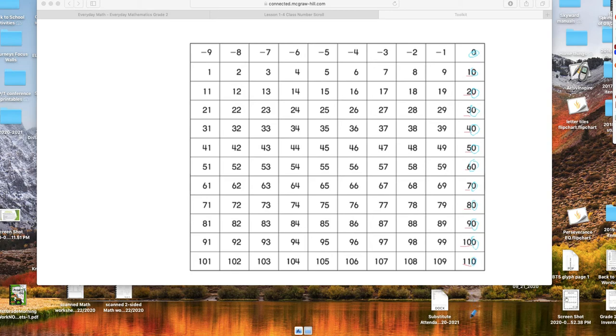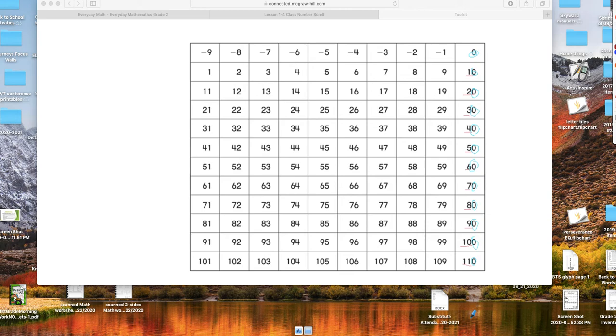The number that is in the tens place, Logan, and the hundreds place, that changes every time, doesn't it? It goes 10 more every time. 10, 20, 30, 40, 50, all the way to whenever the number grid ends. So that means every time you go up and down on this number grid, you count by tens.